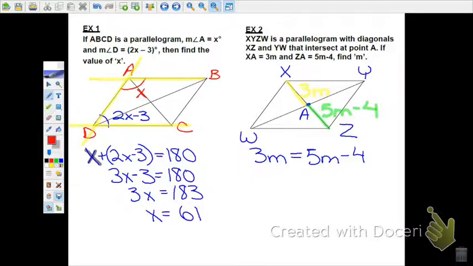So then I need my variables on one side. If I subtract 5M, I get negative 2M equals negative 4. And then I divide and find that M is equal to 2. So I was using my property that dealt with the diagonals to come up with my equation.